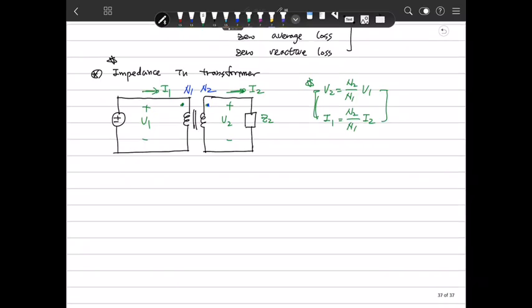So what is the impedance here for Z2? Z2 is V2 divided by I2.